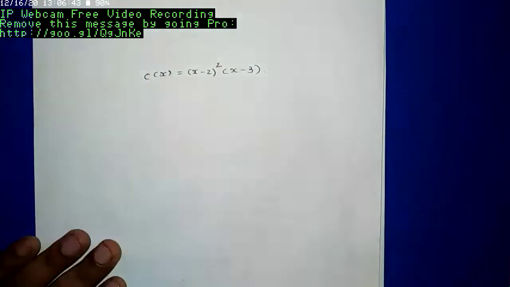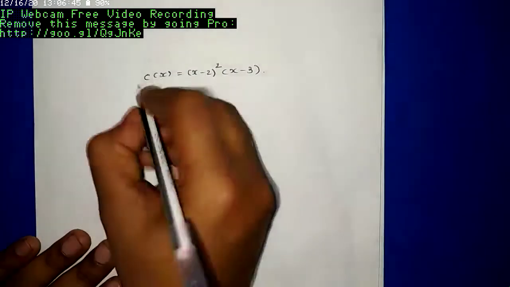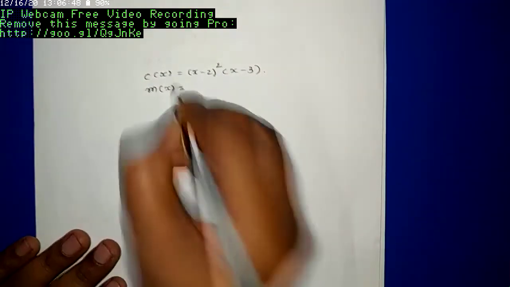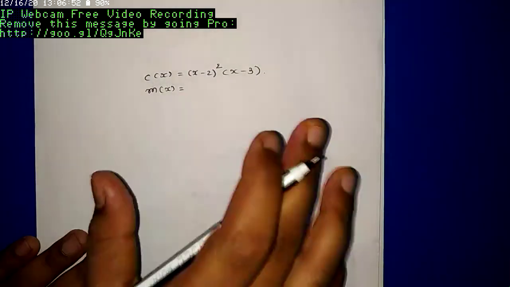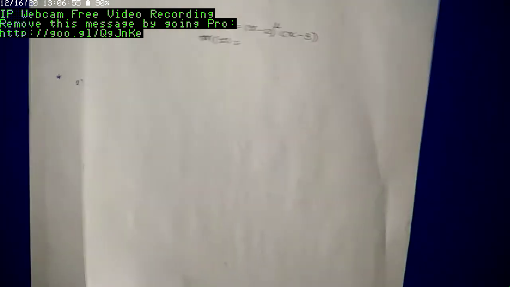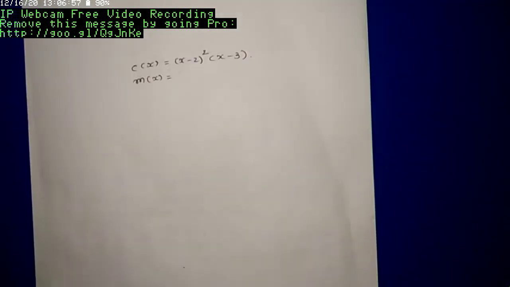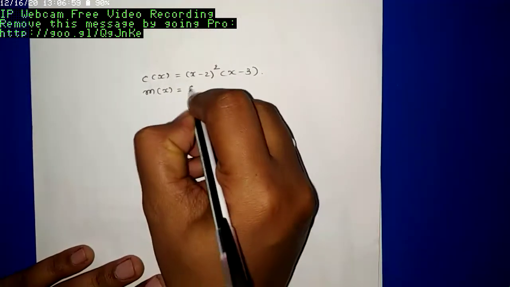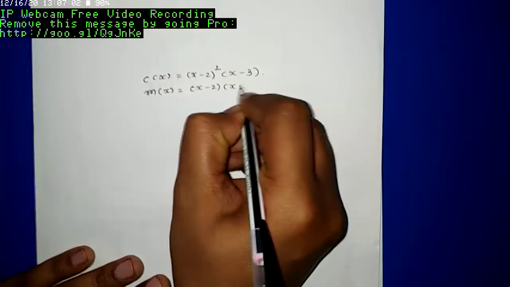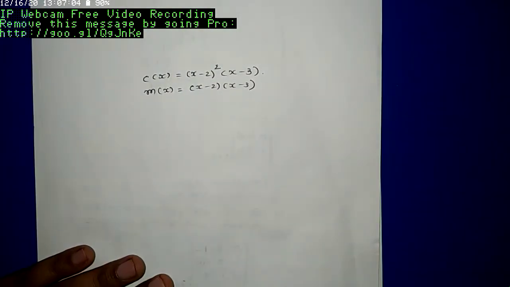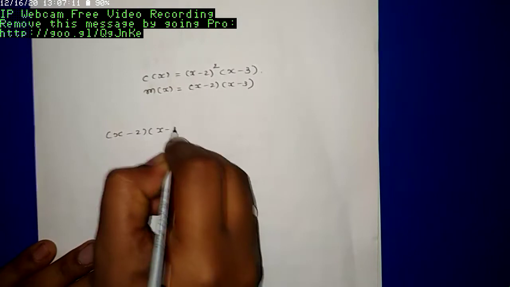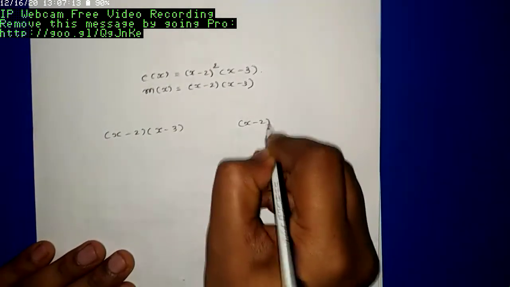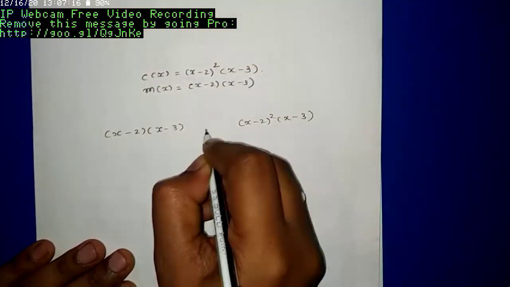Now we need to find m(x). I leave it for you to find, but I will tell you what m(x) is. The m(x) for this polynomial is (x-2)(x-3). The possibilities for m(x) are only these two: (x-2)(x-3), or (x-2)^2 (x-3).